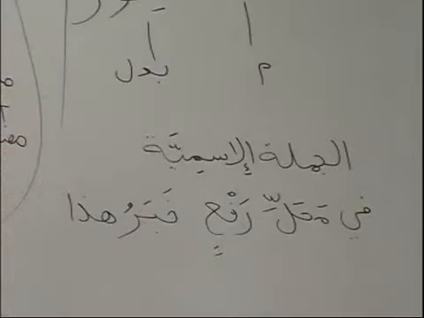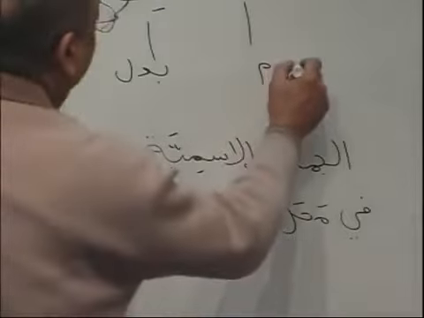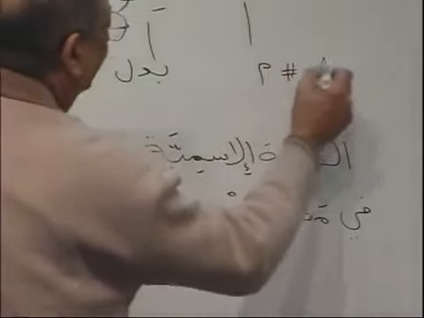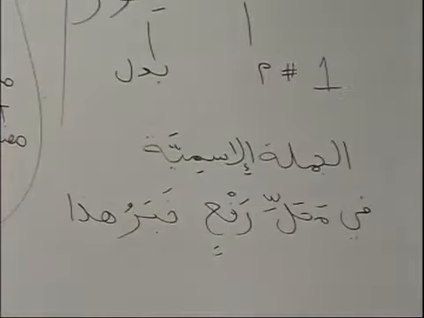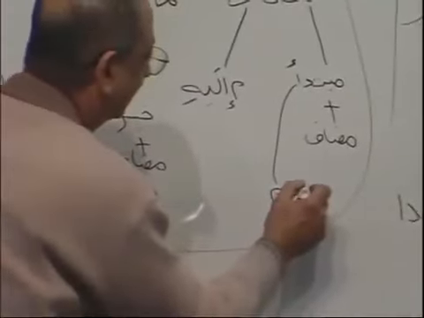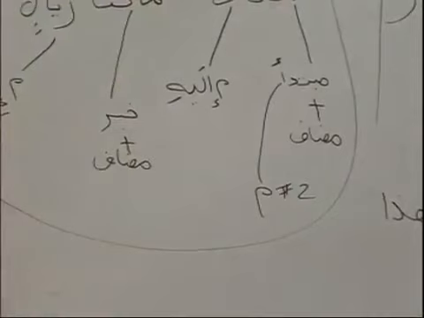Now, sometimes, if you want, you can also say, this is mubtada number 1. You don't have to. But sometimes, if you find that it is easy, mubtada number 1. Then you can call this mubtada number 2.